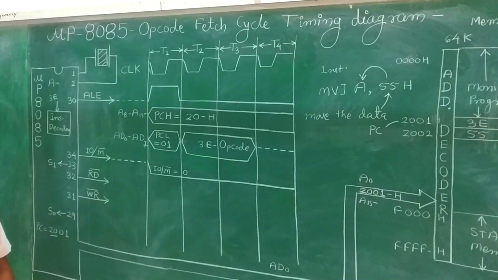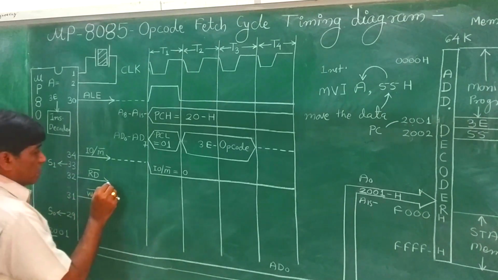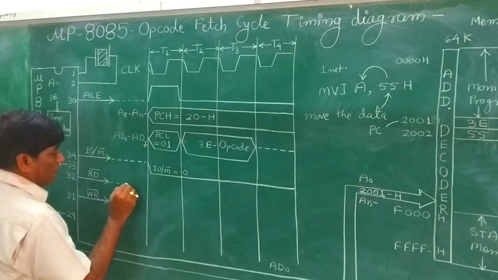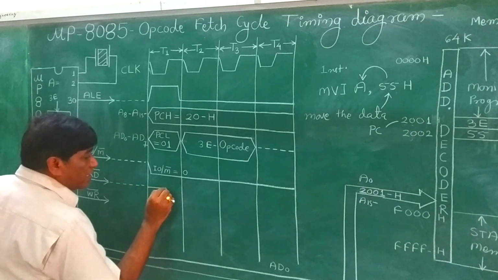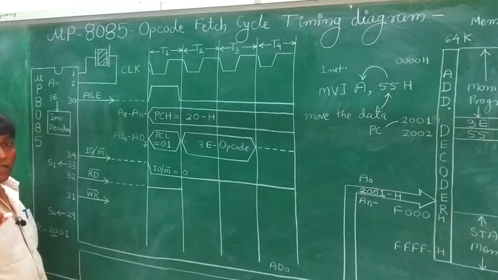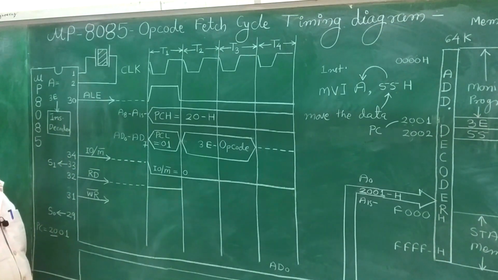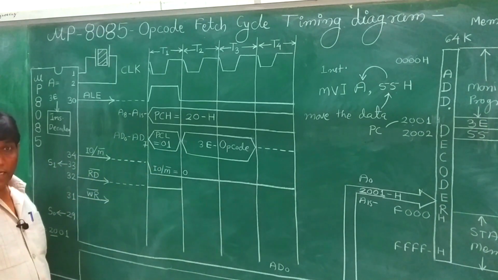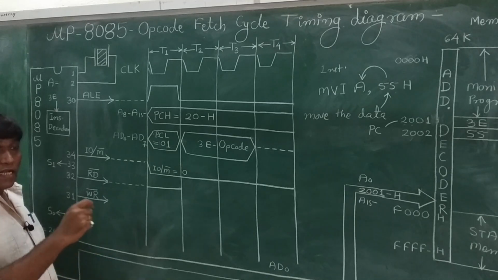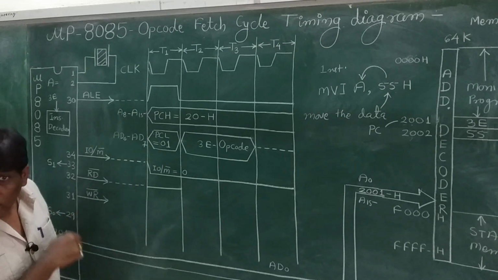And because it is a memory read operation, from the memory we have to fetch the operation code. So it is a memory read operation, and we'll see the status of read bar. Read bar will be activated after the T1 clock cycle, because during T1 the address is activated and the address latch enable is holding the lower order address.